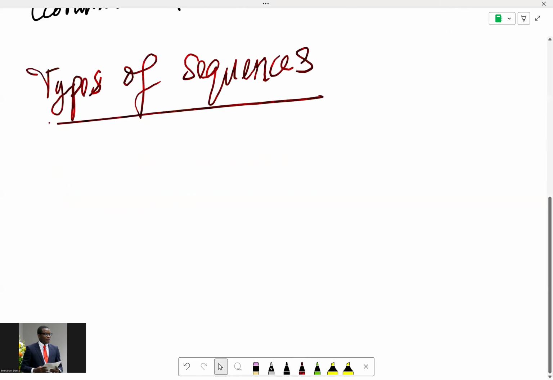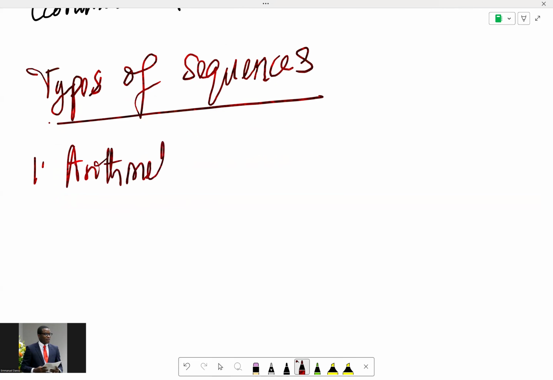The first type of sequence which you are going to see is what we call the arithmetic sequence.